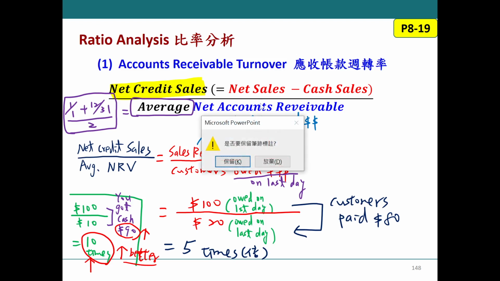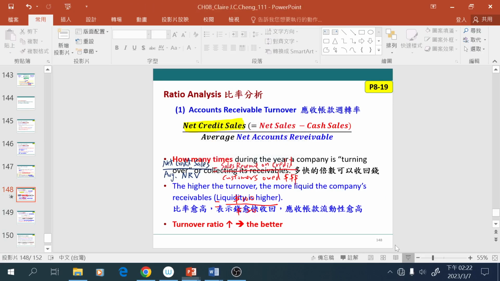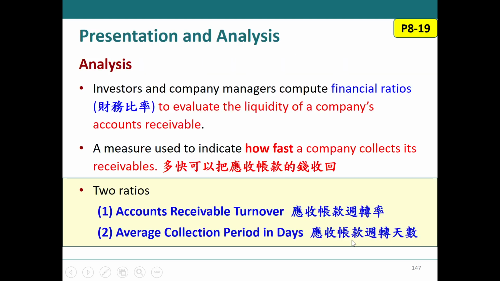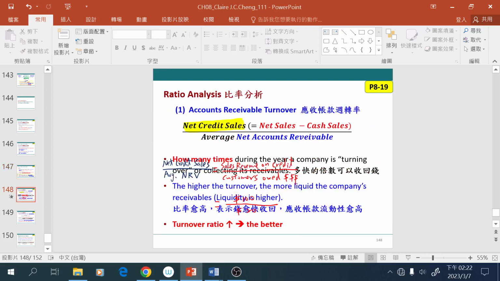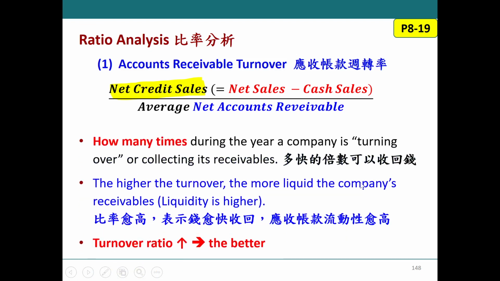From this ratio, we use it to find out our ability to get the cash back. If it is higher, it is better because you have a better ability to get the cash back.